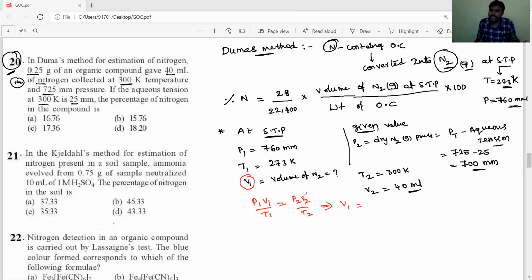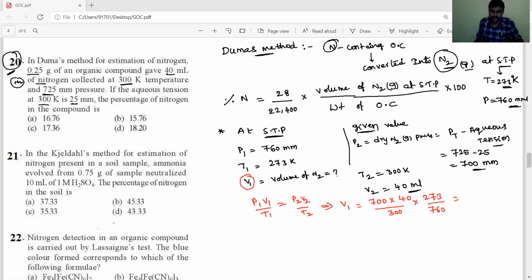V1 is equal to P2 V2 by T2 into T1 by P1. P2, how much was given, dear students? 700, into V2 which is 40, by T2 which is 300, into T1 which is 273, by P1 which is 760.